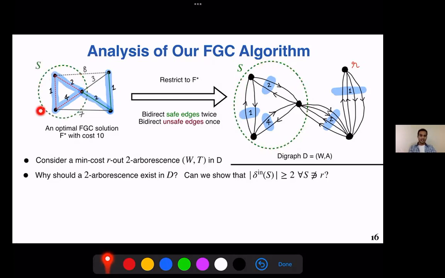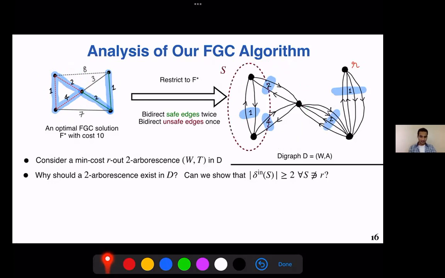Let's go look at this cut in the original instance. Look, there is a safe edge on this cut because we started with a feasible FGC solution. Because safe edges were bidirected twice, we'll have two incoming arcs entering this cut. On the other hand, if you consider some other cut, why should this one have two incoming arcs?